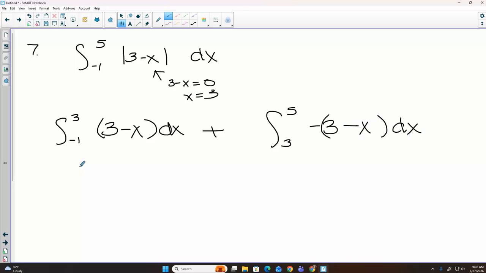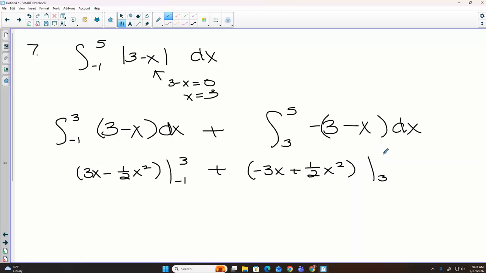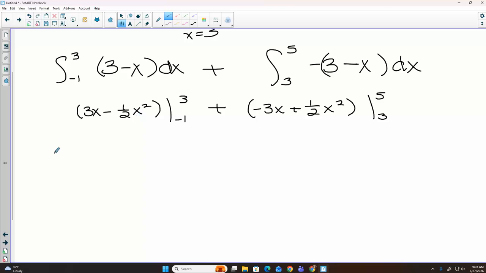So antiderivative, this would be 3x minus 1/2 x squared. This one would be a negative 3x plus 1/2 x squared. Alright, so if we plug it in, I put in my 3 and my negative 1.